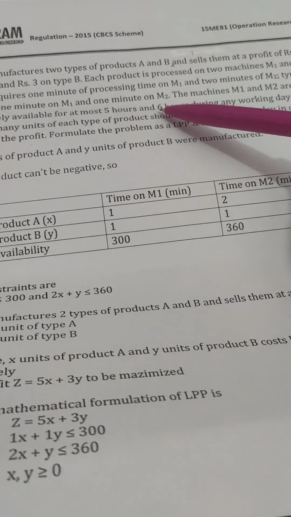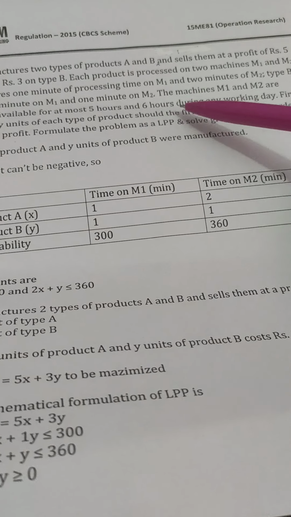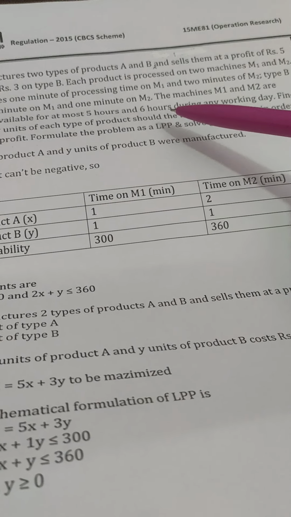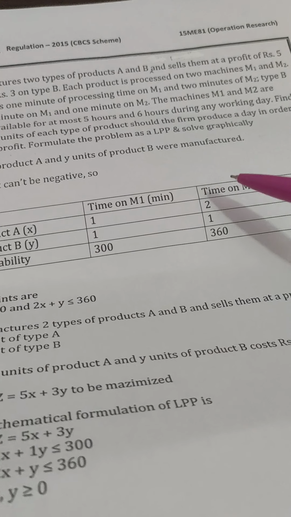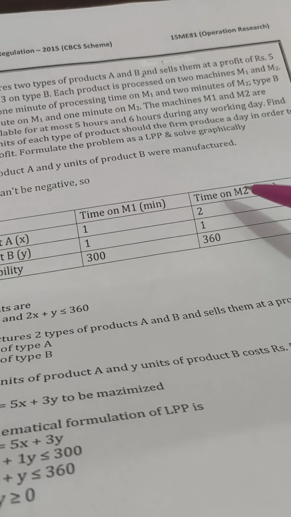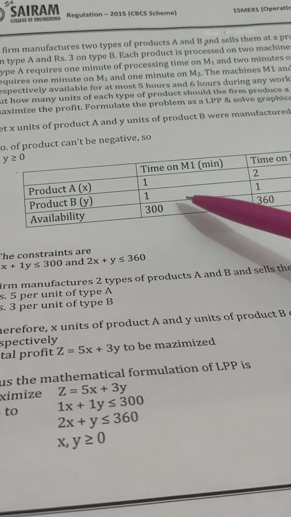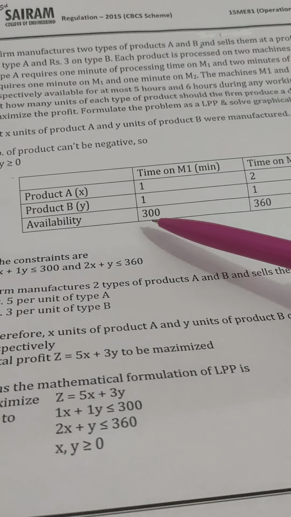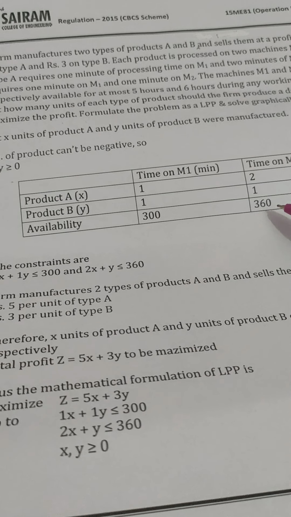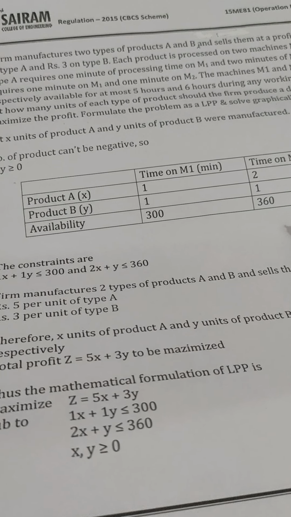Similarly, machine 2 is available for 6 hours. 1 hour is 60 minutes, so 6 hours means 60 into 6, that is 360. So the availability of machines M1 and M2 is 300 minutes and 360 minutes.